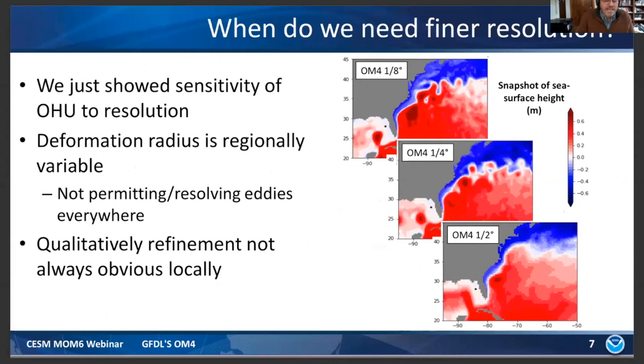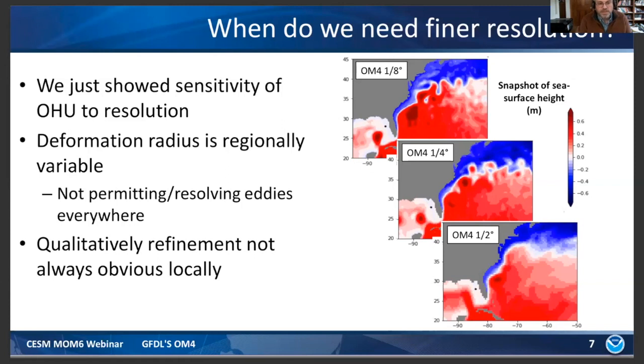Yes, this is just an illustration, a snapshot to show what you gain at the different resolutions. The half-degree model in the bottom right is a non-eddying model, potentially resolving the boundary currents, which are mostly laminar, and the switch from half-degree to quarter-degree permits the large eddies to be resolved.